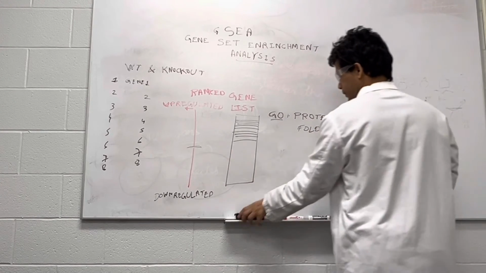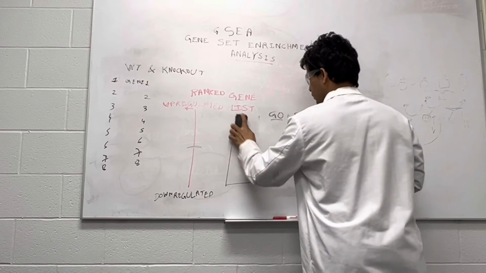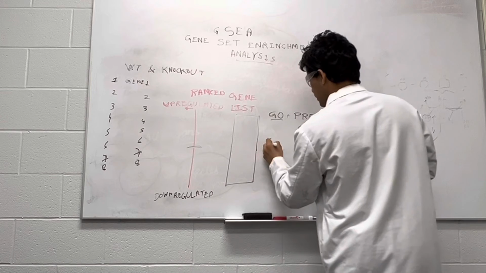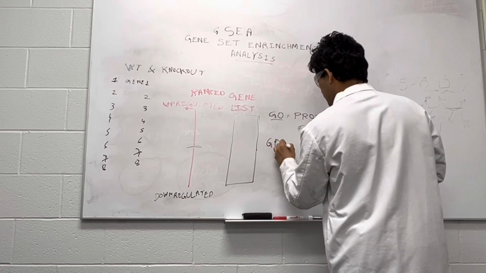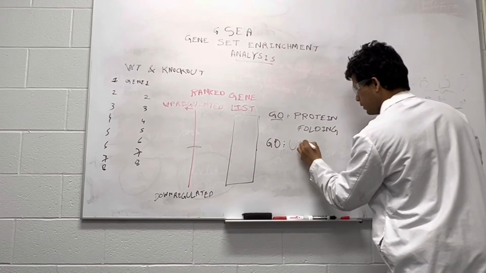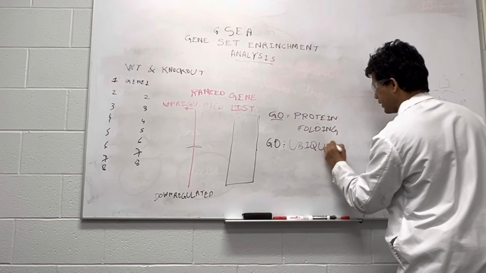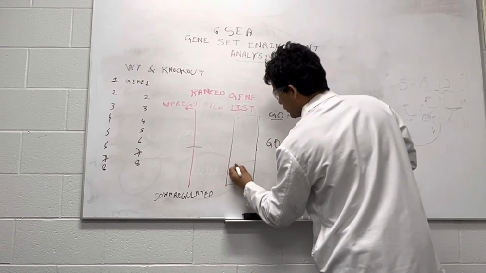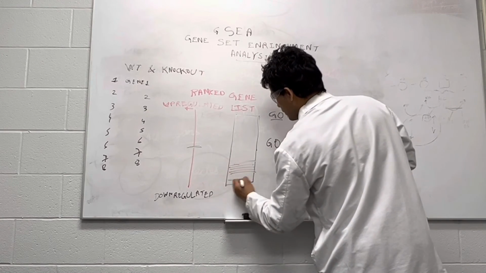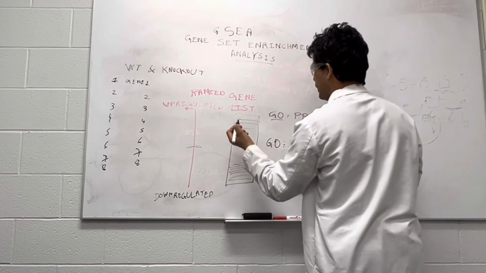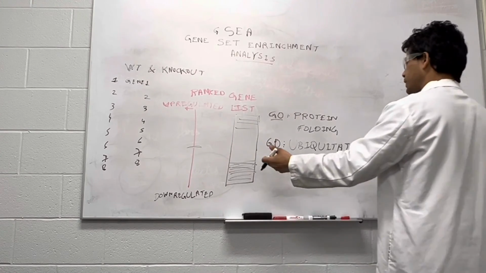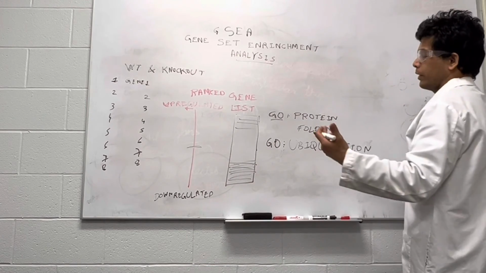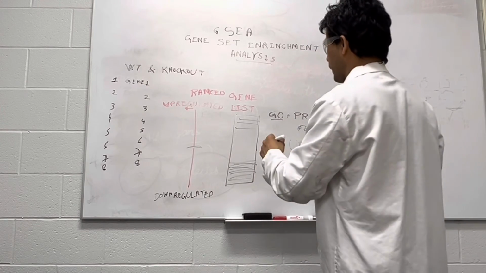And if we check for another pathway, GO ubiquitination, suppose this is just an example I am taking, and it shows mainly here, with one or two maybe here, but the majority of the proteins are shown in the bottom side of the list, then we can assume that it is downregulated.